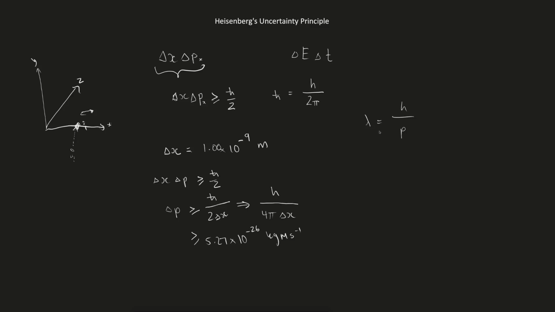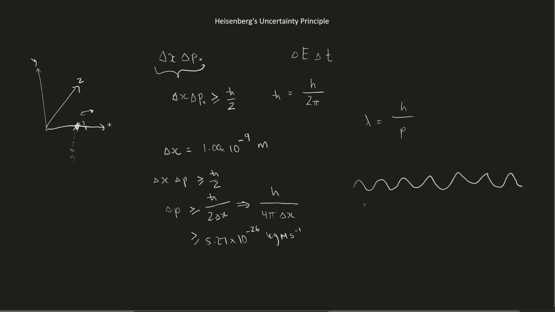Now, to see why this is relevant, let's consider this. So I'm going to draw two waves here. One of them, it doesn't look that consistent, but let's imagine this is a nice consistent sine wave, and the other one here looks something like this. All right. Now, we can see here that one of these waves, the top wave, because it is consistent and stretches off, has a very well-defined wavelength.